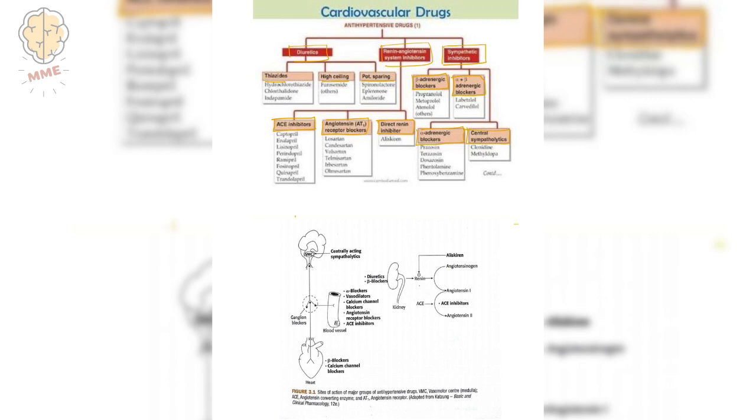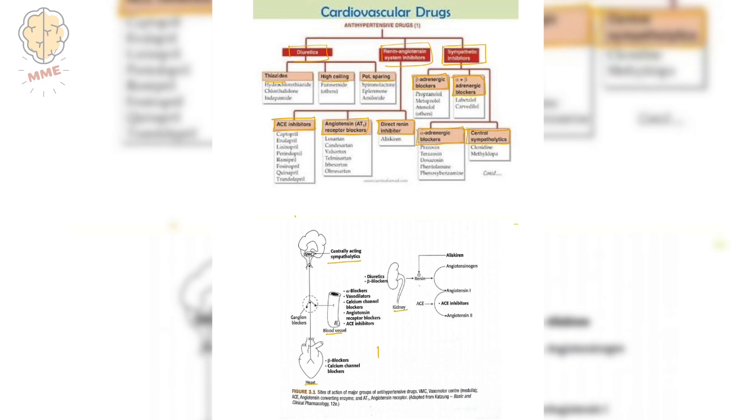As you can see, the centrally acting sympatholytics act on the vasomotor center in our brain and help us to decrease the blood pressure. Alpha blockers, vasodilators, calcium channel blockers, angiotensin receptor blockers, and ACE inhibitors act on the blood vessels, heart, and also on the kidney.